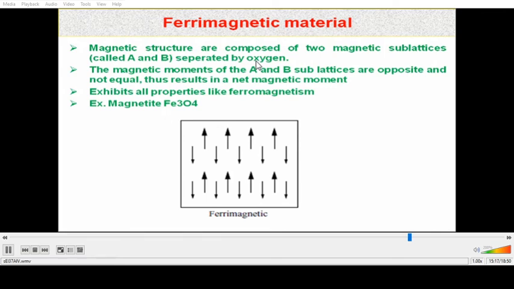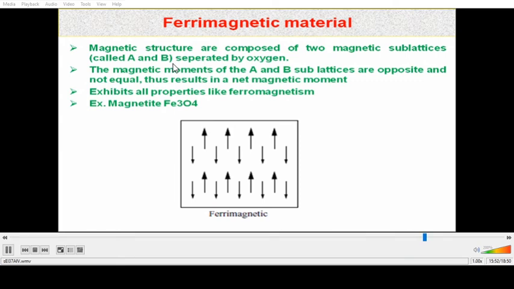Now the magnetic moments of A and B sublattices are opposite but not equal in magnitude, and hence result in a net magnetic moment just like ferromagnetic material. In fact, except for two uneven opposite lattices A and B, all other properties are the same as a ferromagnetic material.